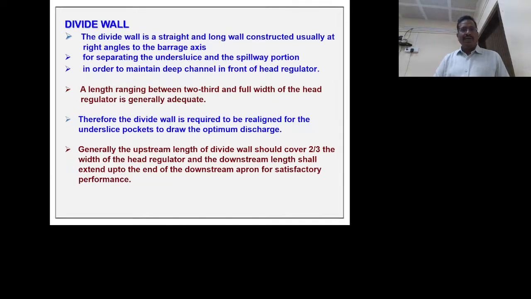Under sluices I explained to you. Divide wall also I explained. The length of the divide wall should be 2/3 of the head regulator. Look here, the width of the head regulator.